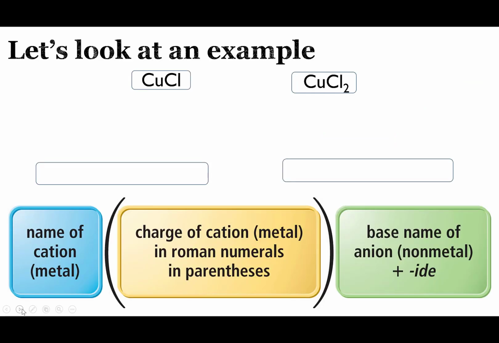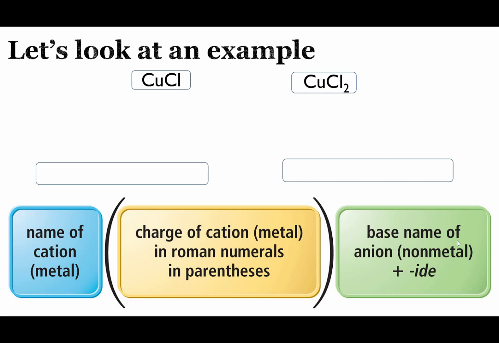So here's how we name our transition metals. Let's focus first on the blue box and the green box. So the blue box and the green box are exactly the same that we saw before. So blue box is name of the metal. We just write it down. We don't change it. The green box, we take the base name of the non-metal and we add IDE.